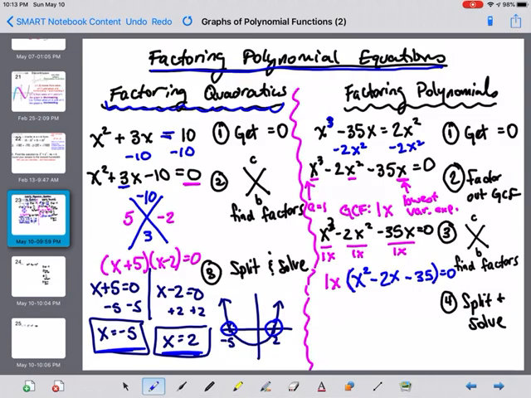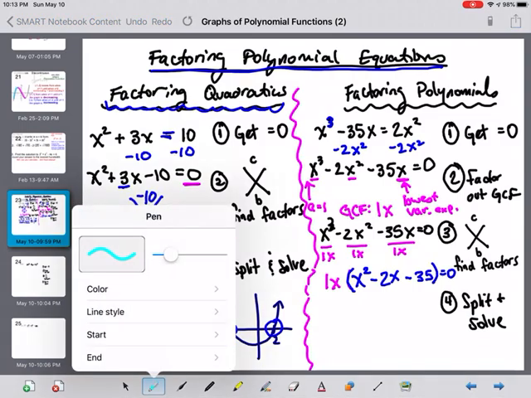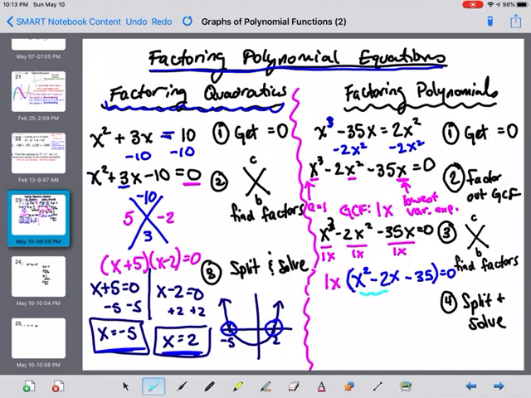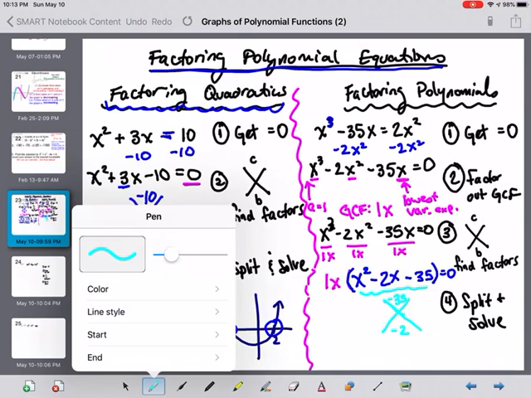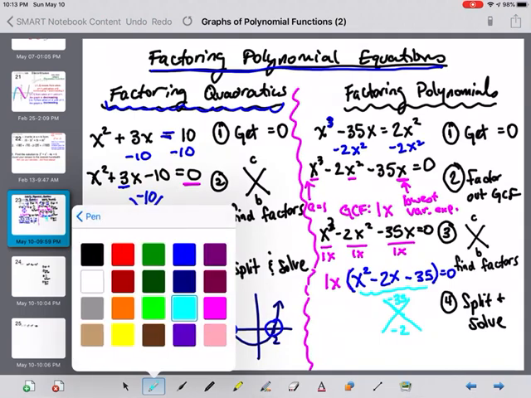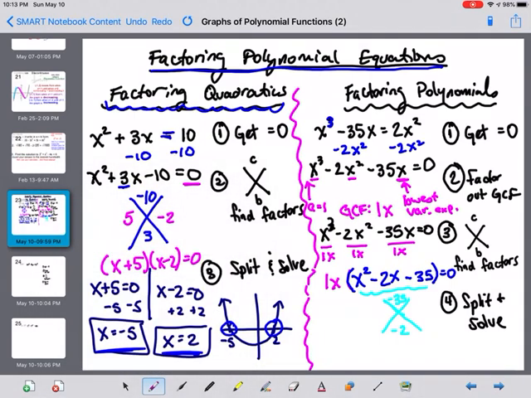Okay. Now we're going to factor what's inside the parentheses. So I'm going to be factoring this right here, the same way I just did. So I set this up. I put the negative 35 on top and the negative 2 on bottom. And I take a second and I think to myself, what multiplies to negative 35? Well, 7 and 5 jumps out at me.